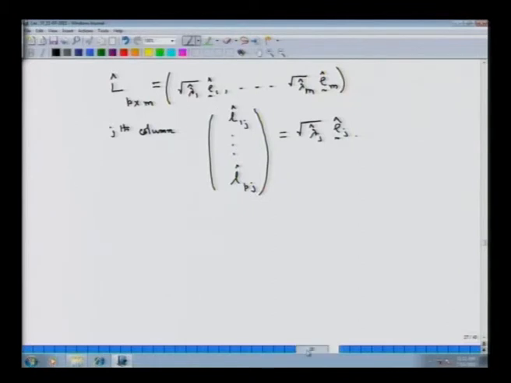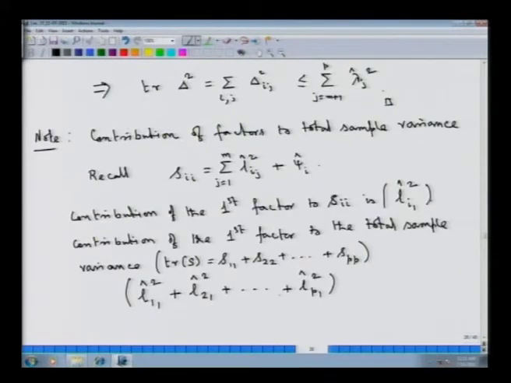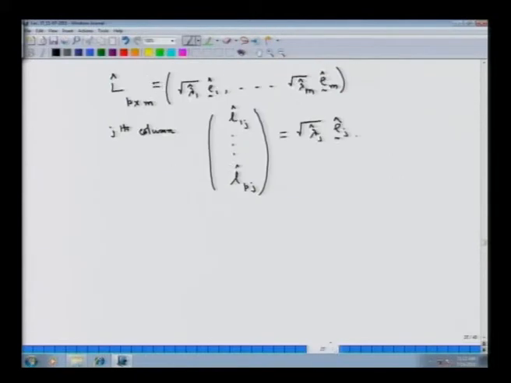Now, if we look back at this contribution term, this was the contribution of the first factor to the total sample variance, which was L11 hat square, L21 hat square, up to Lp1 hat square. So, for j equal to 1, what we are going to have is the first column of this L hat matrix, and that is nothing but L11 hat up to Lp1 hat.